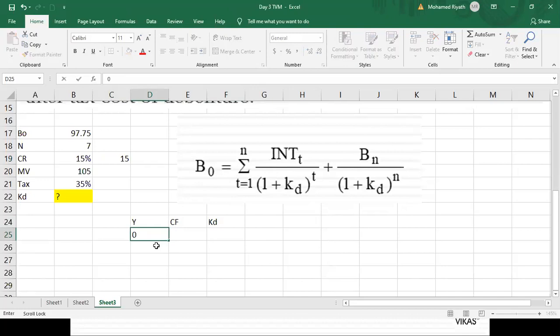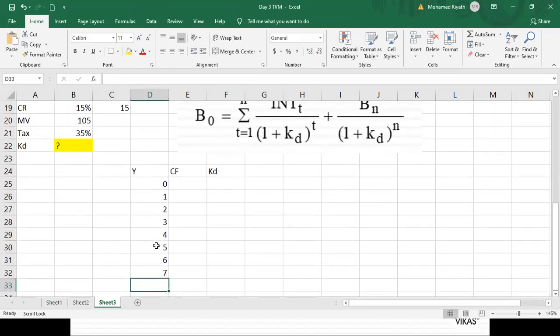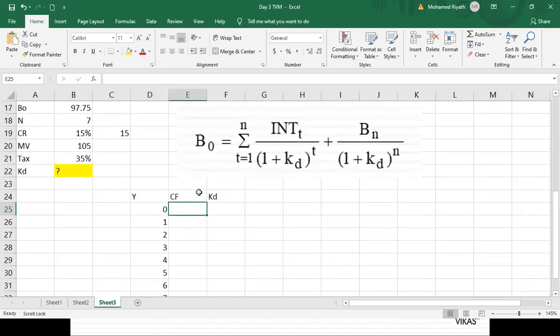Year 0, 1, 2, 3, 4, 5, 6, and 7 years. At the end of the 7th year, we will take in the maturity value also. Therefore, I have put 2 entries in year 7. And cash flow.